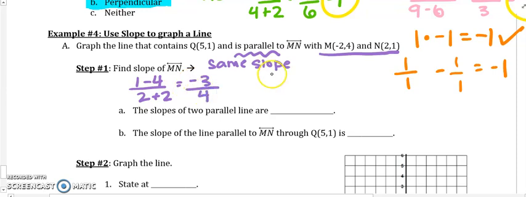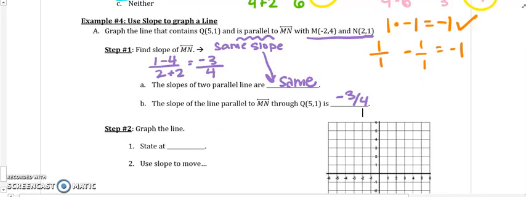So the slopes of the two parallel lines are the same. So we know this slope is going to be negative 3/4 for our new line as well. And it said to graph it, so we need to start at the point it gave us, which was Q, and then we need to use the slope to move.